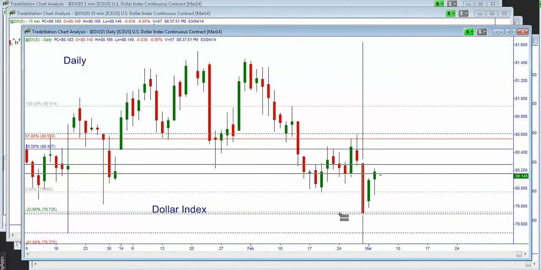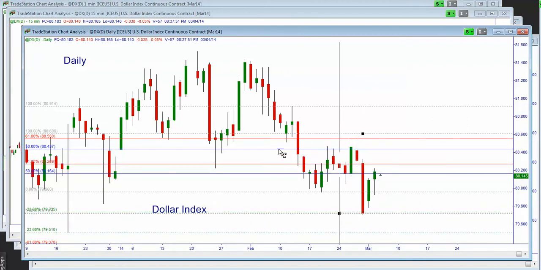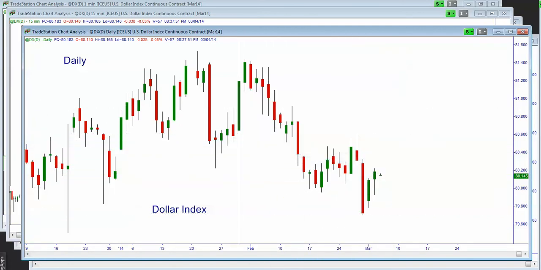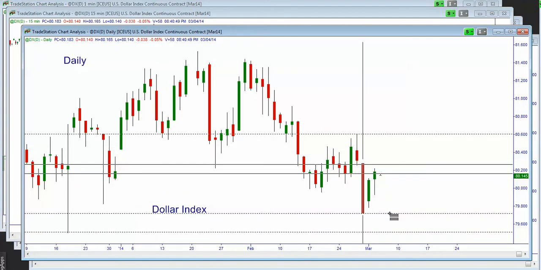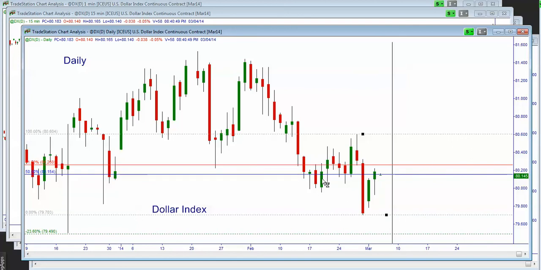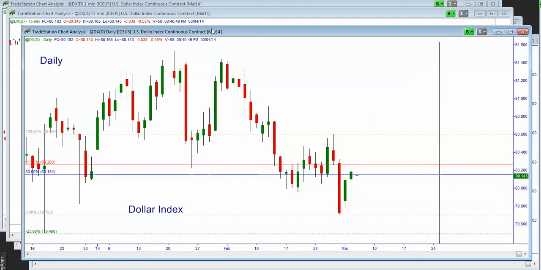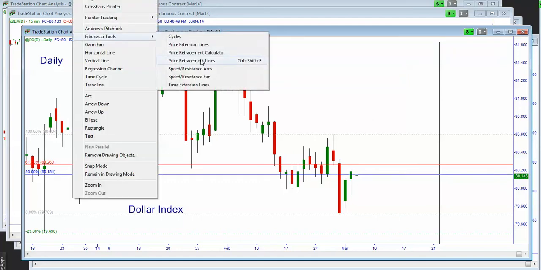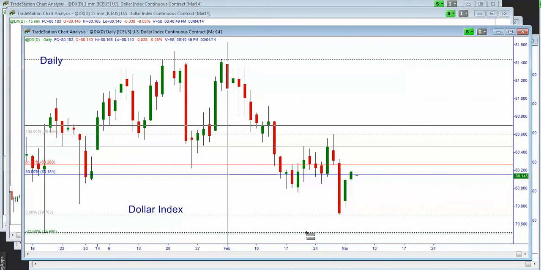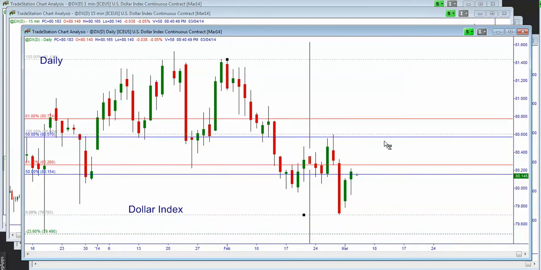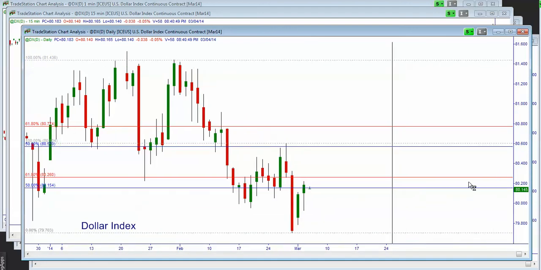At the moment, what is happening is that we are testing our level, the halfway back level here, and there is the possibility that we break higher this 80.26, in which case the next level of resistance is going to match the next level of support that we have in the euro. So this would be 80.57 if we move above 80.26.